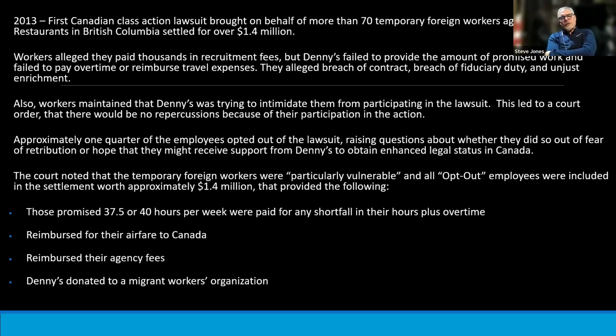And again, for those people that are on the call, fiduciary duty, in layman's terms, is when one of the parties is given a significant amount of responsibility to care for someone or something. So in this particular case, these foreign workers didn't know where they were going to live.